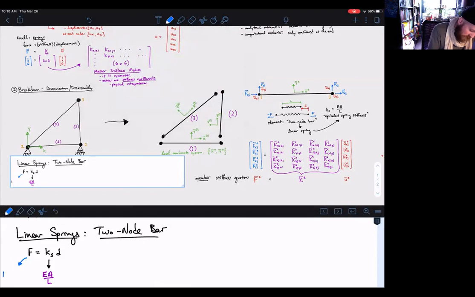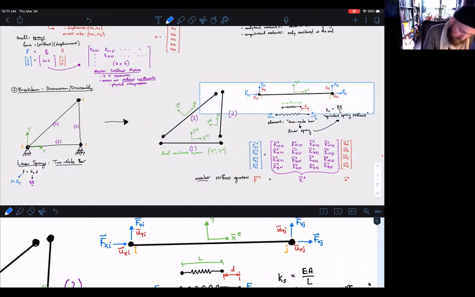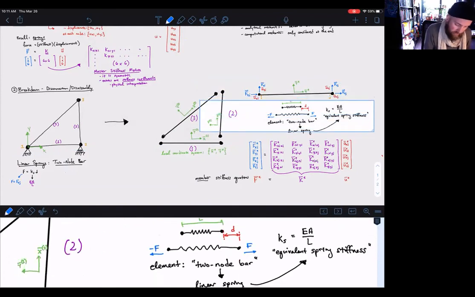So for instance, F of xj is positive. Here, F of xj is pointing in the positive direction, so that one's positive. F of xi, in order for this thing to be in equilibrium, has to be negative, kind of as we've drawn here.